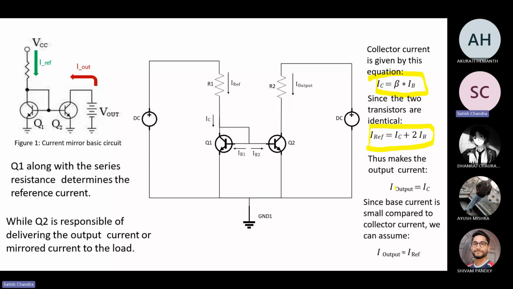This makes the output current, I out, equal to IC. Since the base current is small compared to the collector current, we can assume that I out is similar to I ref. That is the way we can replicate the current. That is also a current mirror. So what is the basic principle behind this?